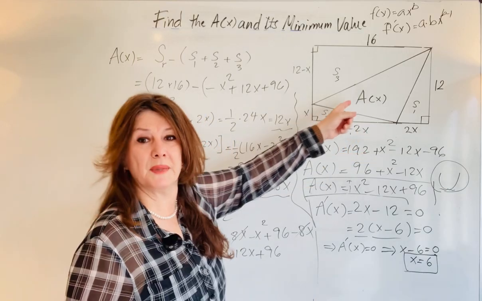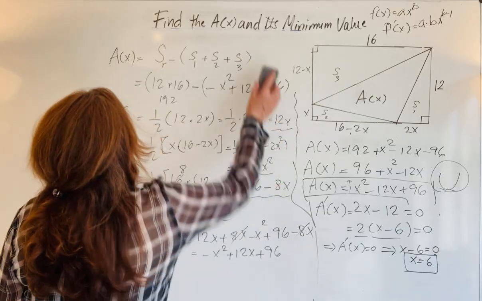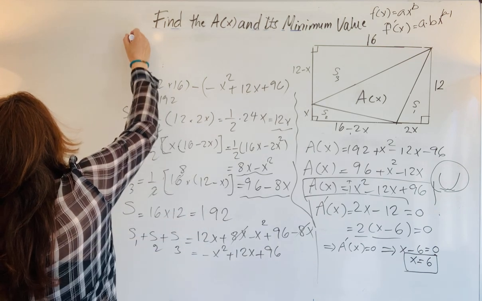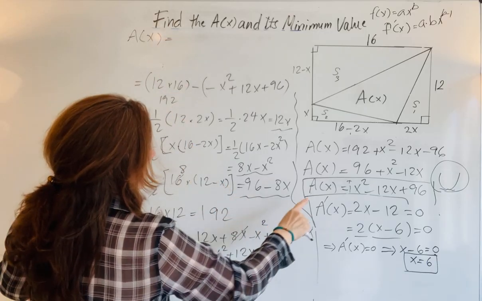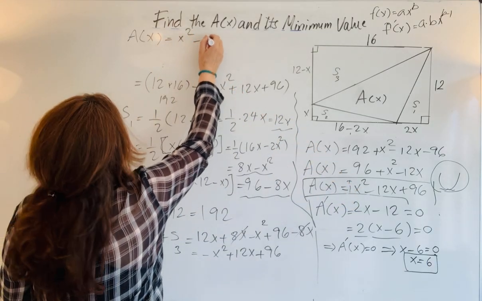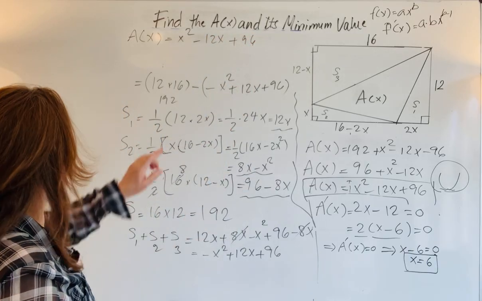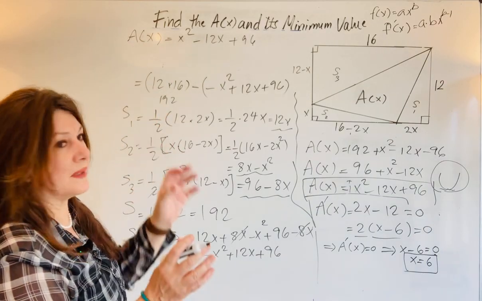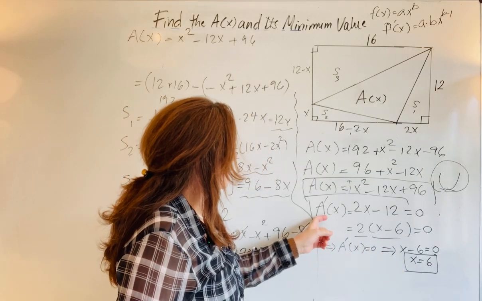How much is the minimum size of this one? If a of x is x squared minus 12x plus 96, when x equals 6, a of x gets the minimum size, because at x is 6, the a prime is 0.